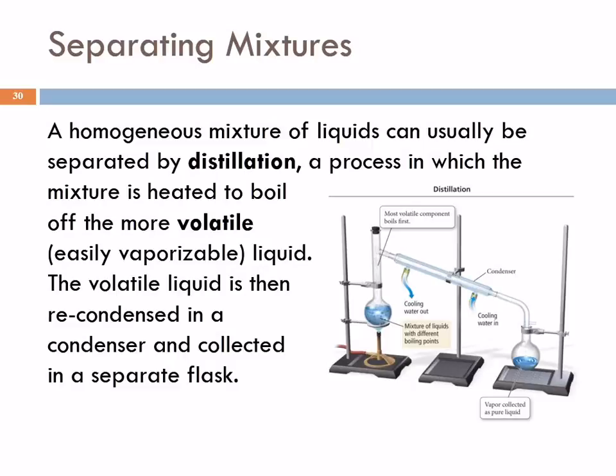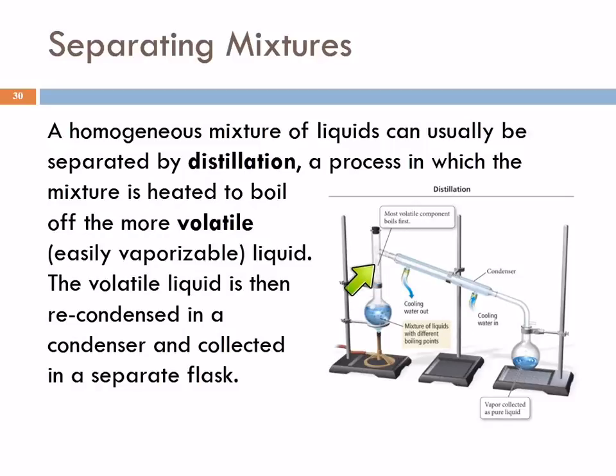Well, one way is by distillation. And this makes use of differences in boiling points. Alcohol has a lower boiling point than water does. So if you heat a mixture of alcohol and water, the alcohol will evaporate first, and you can collect that.